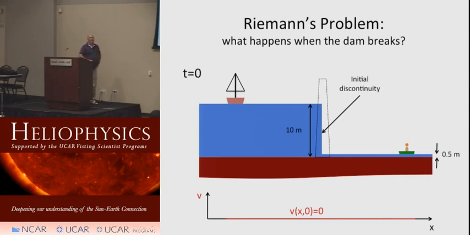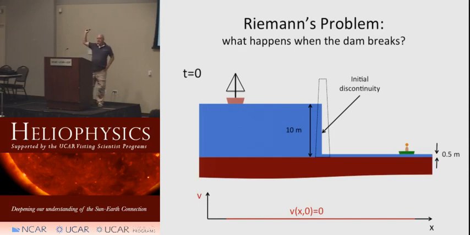In simple words, what's going to happen to Riemann? What's he going to see? He's going to see a wall of water. How high, this is the real key, how high will this wall of water be? Who thinks a 10 meter, 9.5 meter tall wall of water will hit Riemann?